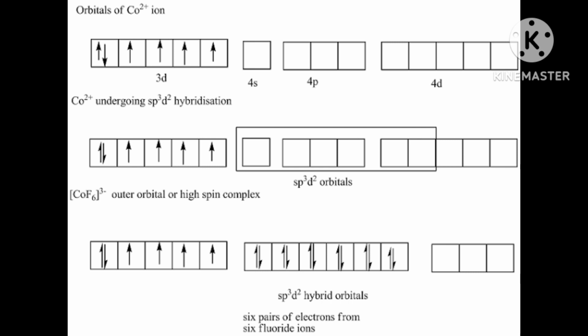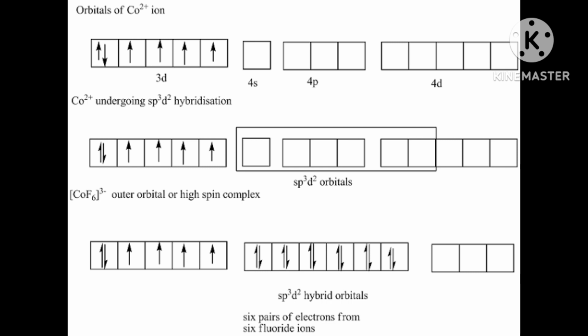Then this one d orbital, the s orbital and 2 p orbitals will take part. One d, one s and 2 p: total 4. 2p means 2, plus s equal to 1, and d equal to 1, total 4.